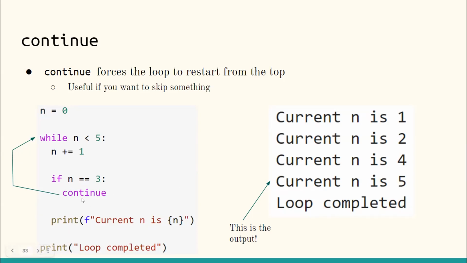And then once n hits 4 and 5, n will not be equal to 3, so it continues printing out the value of n, and once n reaches 5, n will not be smaller than 5, so it breaks out of the while loop, and then it prints loop is completed.